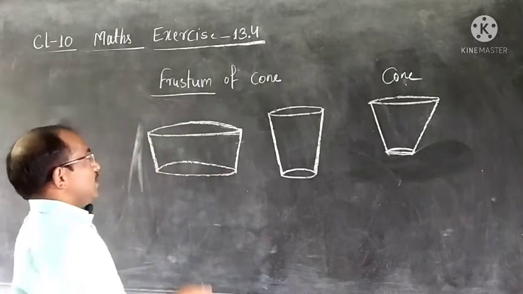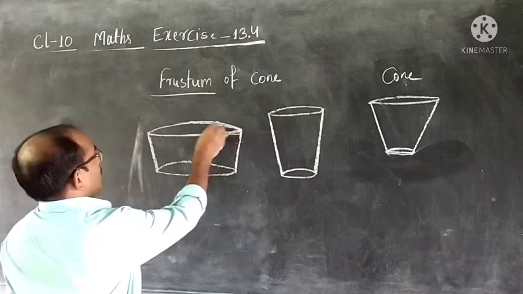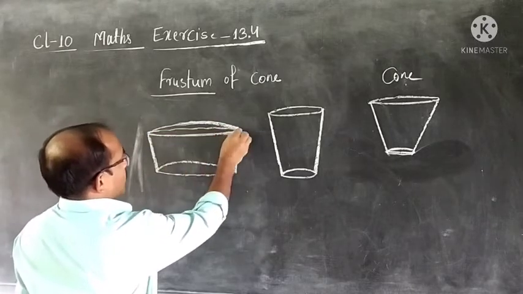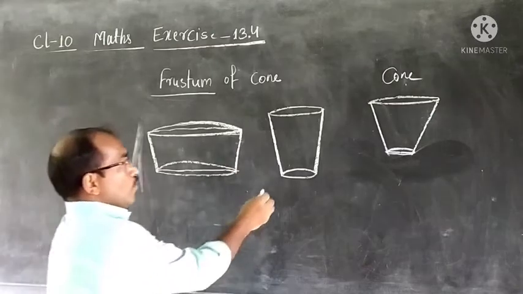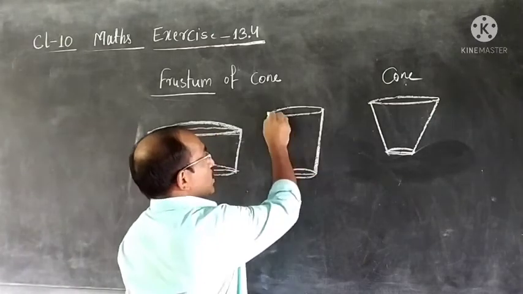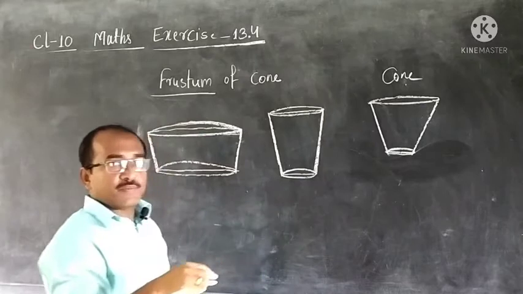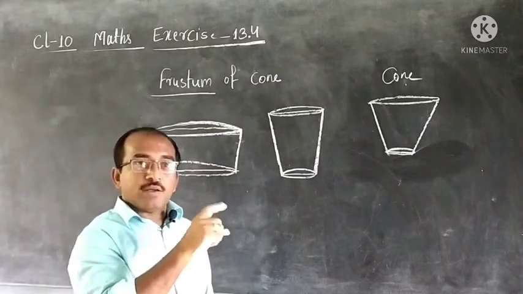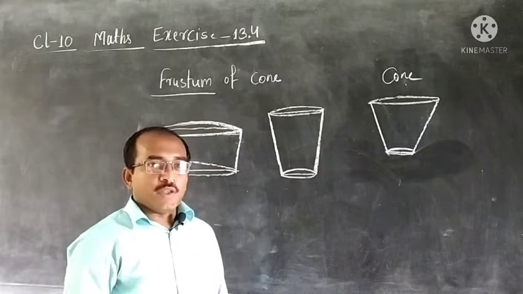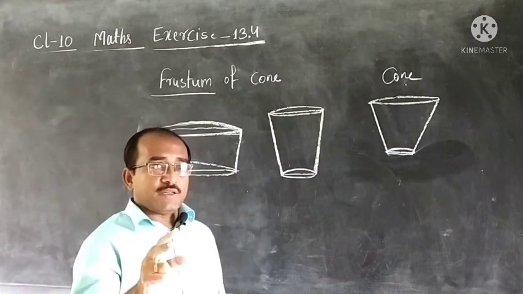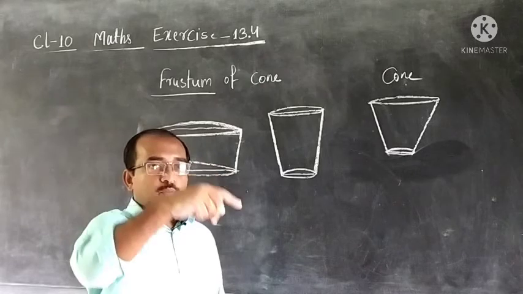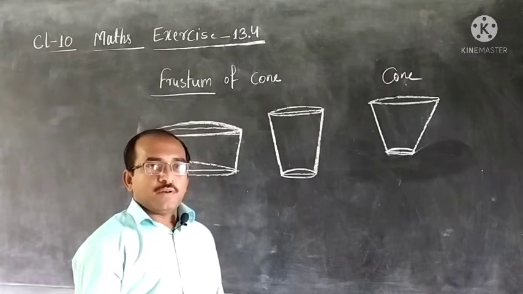So, now, hope you have understood, it is called frustum of a cone, it is not a cone, not a cylinder. What we see in this is one circular part smaller, another circular part bigger. Frustum has, like a cylinder, two ends, but in a cylinder both top and bottom are equal.